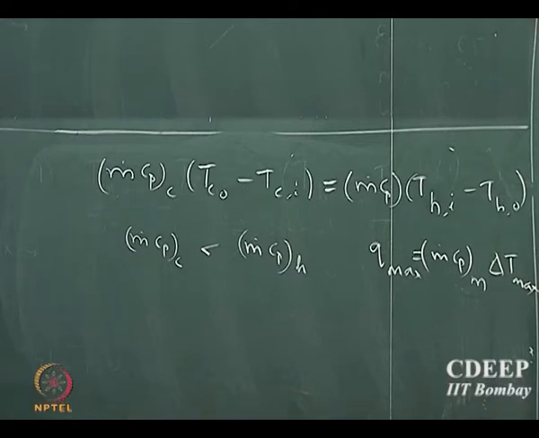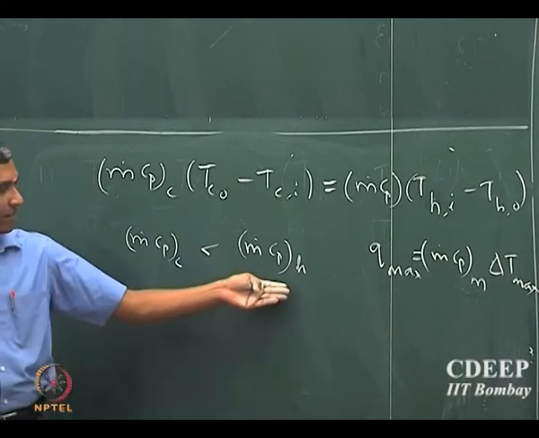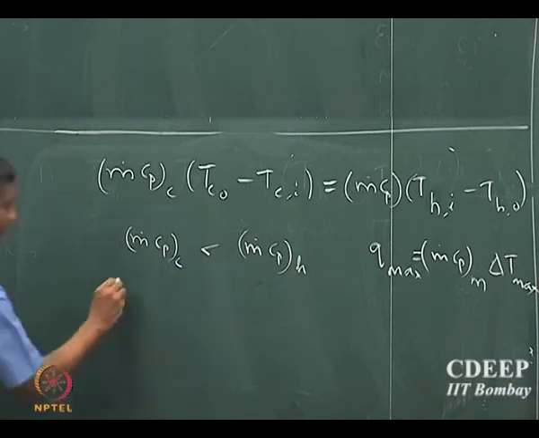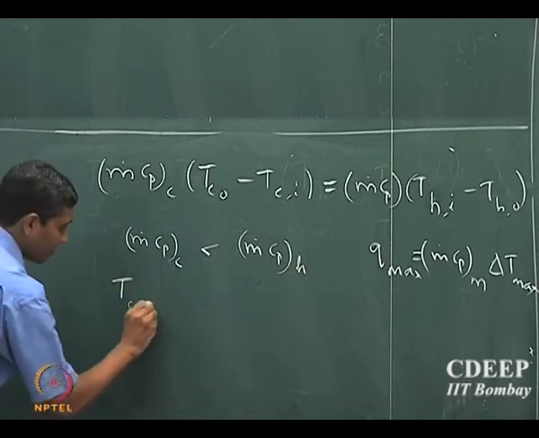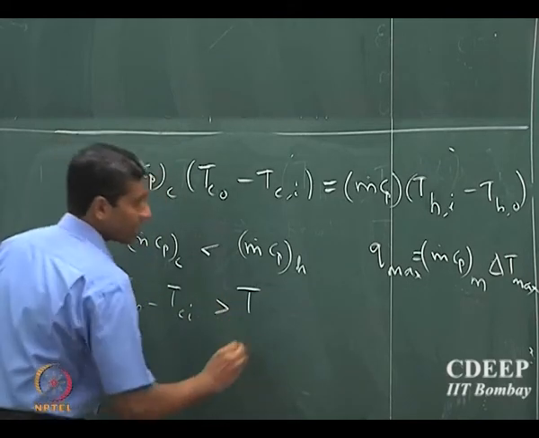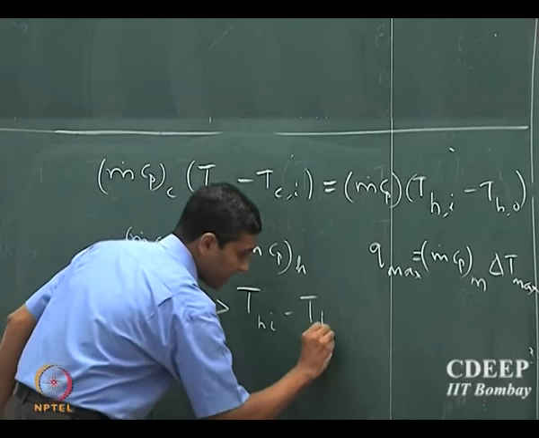So how do we find which stream is going to theoretically achieve the maximal temperature difference? If m dot Cp of C is less than m dot Cp of H, which one will have the maximal temperature difference? It's the cold fluid. It's very easy to see that. TCO minus TCI will always be greater than THI minus THO.